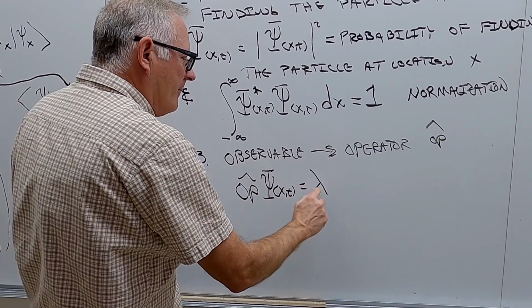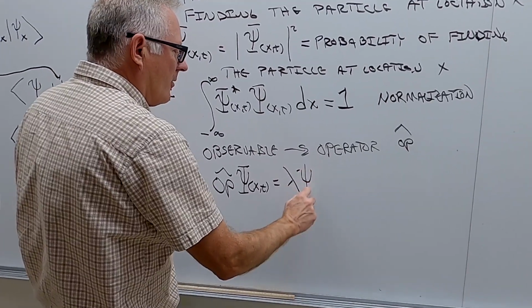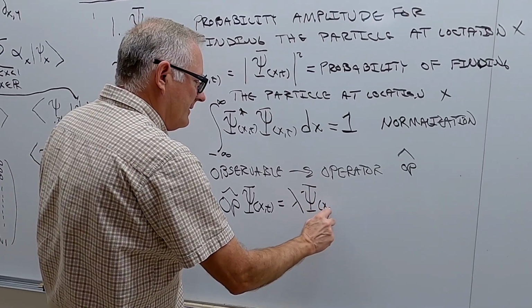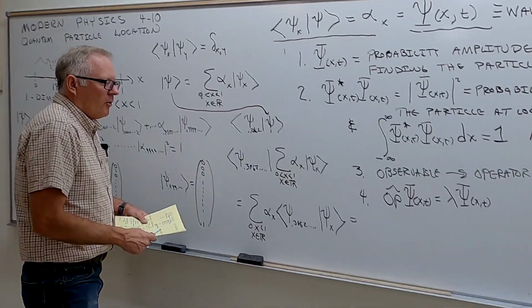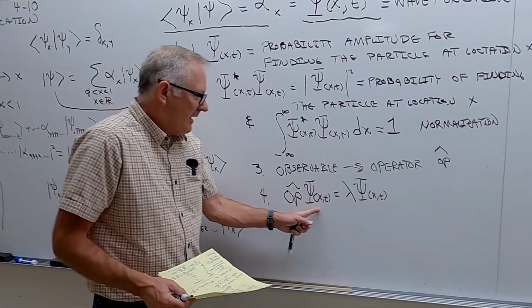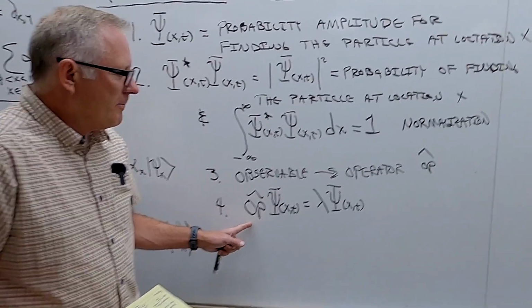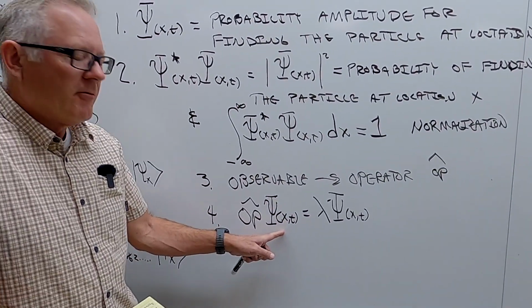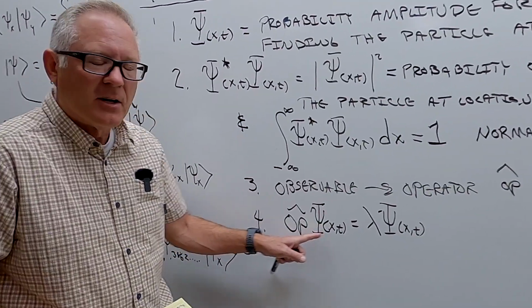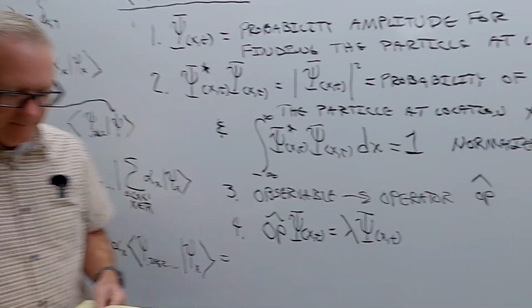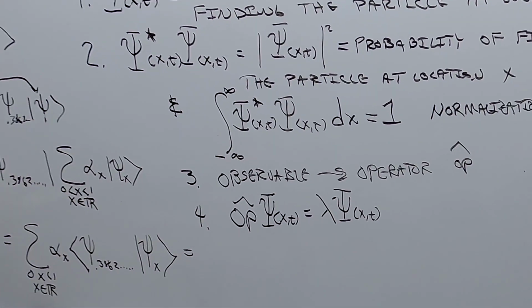Equals lambda times back our wave function, psi of x and t. What we had before was a vector, and our operators were matrices. But now this is a function, so our operators won't be matrices, they'll be something you can operate on a function, which we'll show you some of later on.